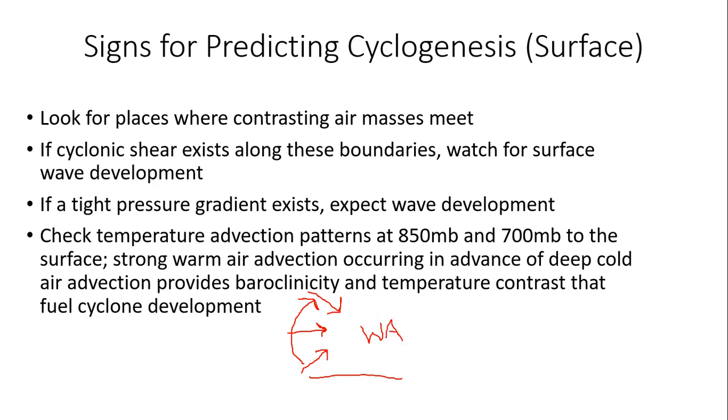That's just abbreviated WAA. If I look at a thermodynamic or SkewT diagram and now my winds are from the northwest at the surface, from the southwest at 700 millibars, and from the southeast at 500 millibars, I'm starting at northwest, then going southwest with height, then southeast.